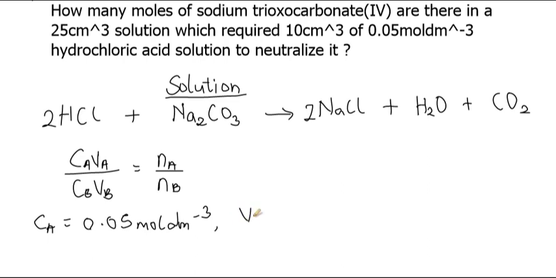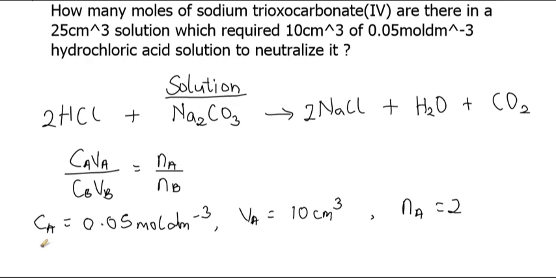Then Va is given to be 10 centimeter cube. While Na, the number of moles of the acid, this is usually gotten from the equation, and that is the coefficient of the acid in the equation. The coefficient here is 2, so Na is given to be 2.